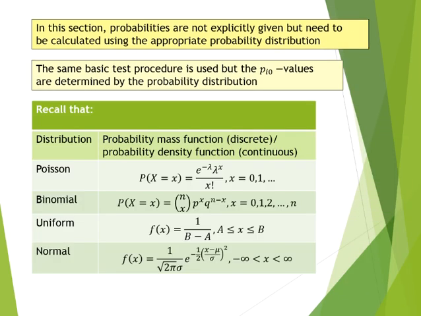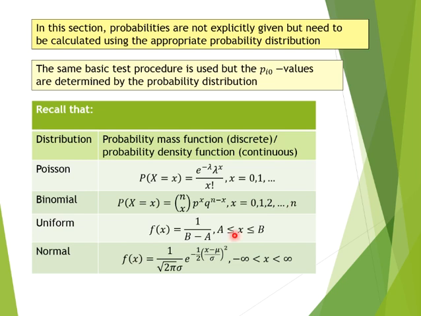So, recall that for the discrete case, we have probability mass functions, and for the continuous case, we have probability density functions, each with its own formula. So, what you need to remember in the discrete case is that x is defined from 0 to infinity for the Poisson. For the binomial, it's the number of successes from 0 to n.